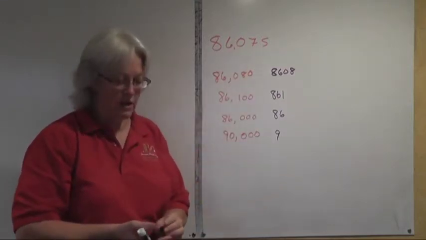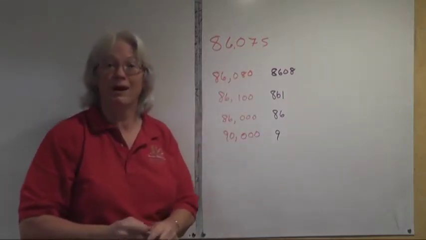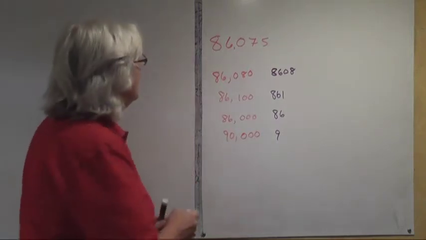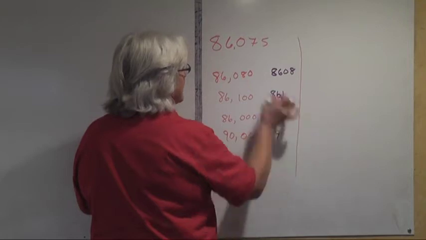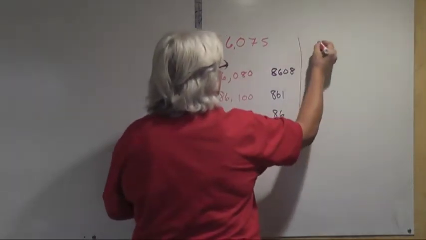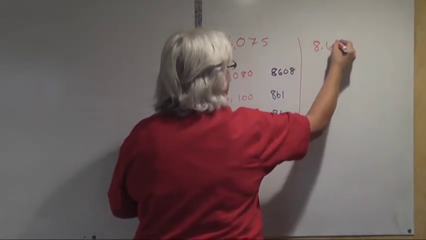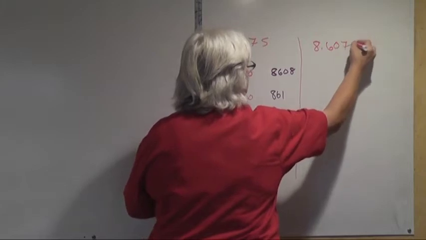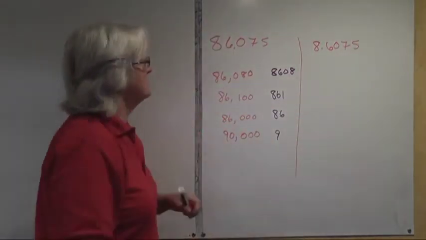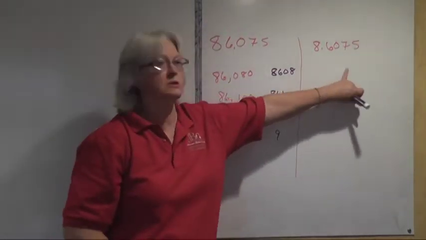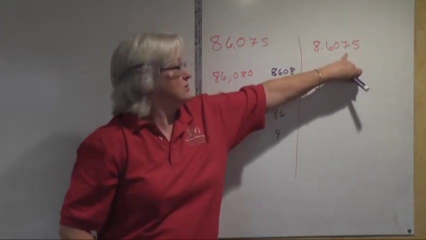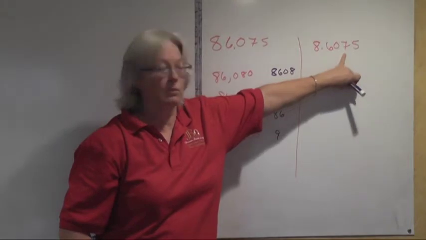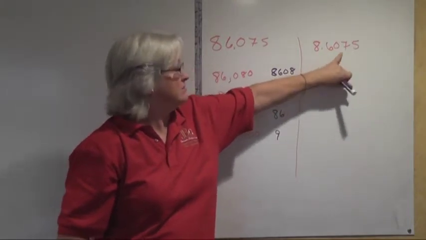Now, let me go ahead and show you what we do when we round decimal numbers. We're going to use this exact same set of digits, but we're going to say that this is 8 and 675 10,000ths. So first, what we're going to do is we're going to round to this second place in here. What is this going to be? Tens, hundreds, thousands.